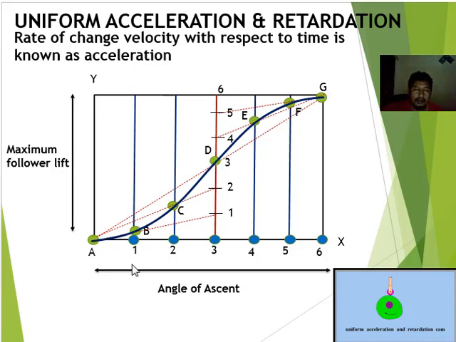For points A, B, C, D, we can say this is the acceleration part. For D, E, F, G, this is the retardation part. Since the acceleration and retardation are uniform, the velocity varies directly with the time.